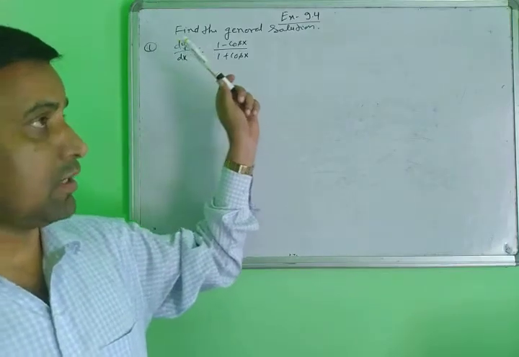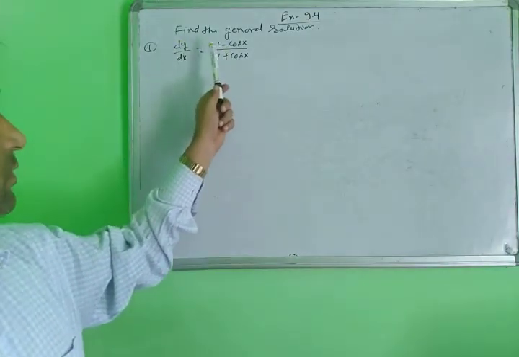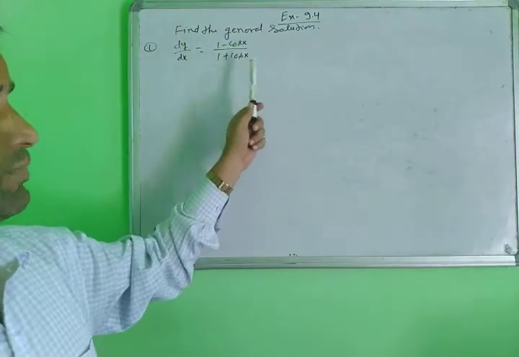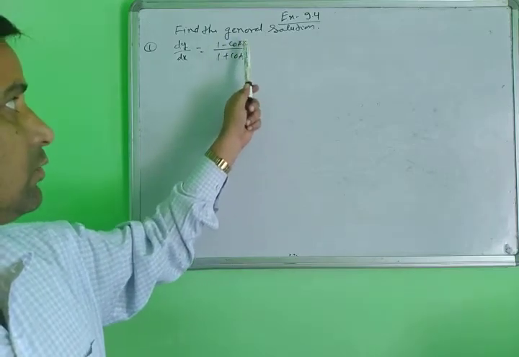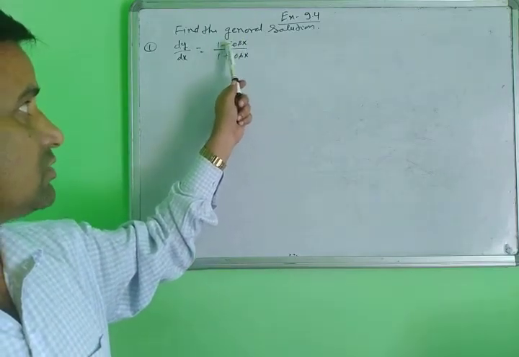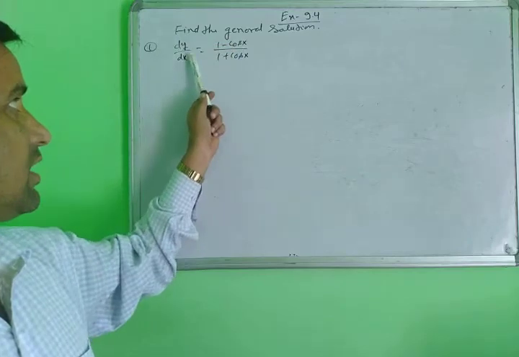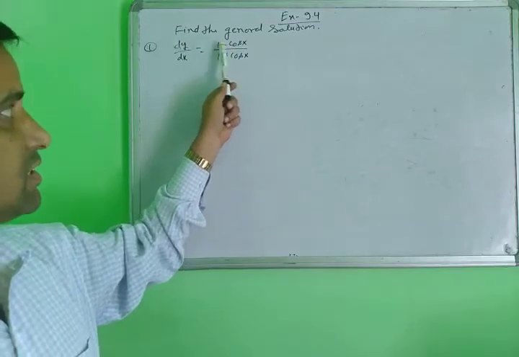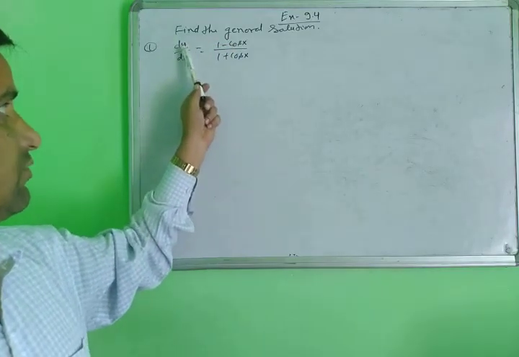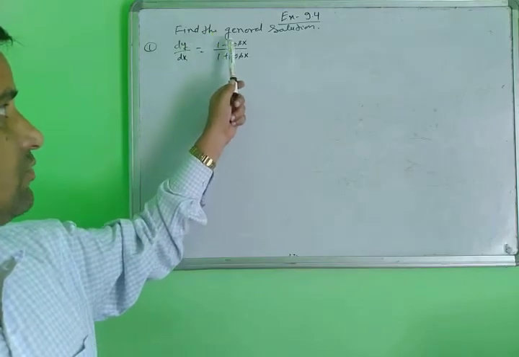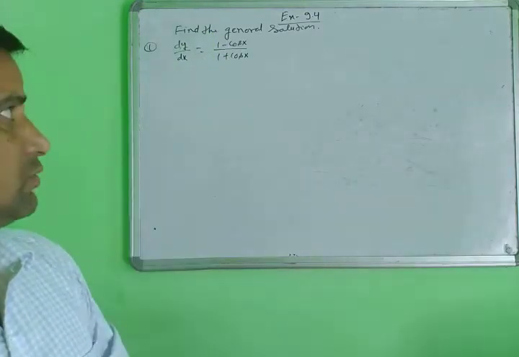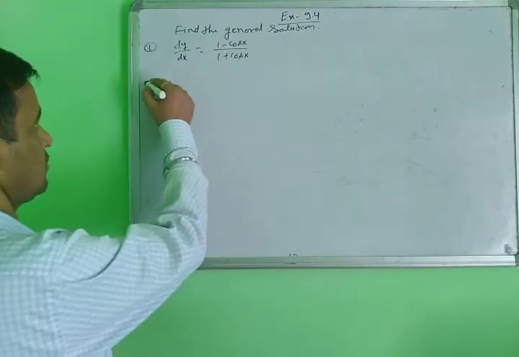Here the equation is dy over dx equals 1 minus cos x upon 1 plus cos x. Here there is only a single variable. This is a first order and first degree differential equation. You will find the general solution of this equation. Now start the solution.